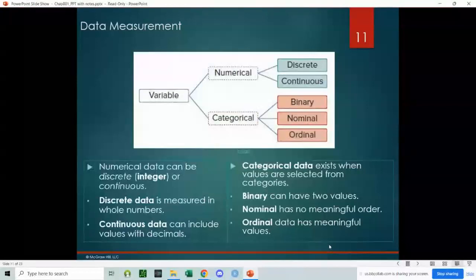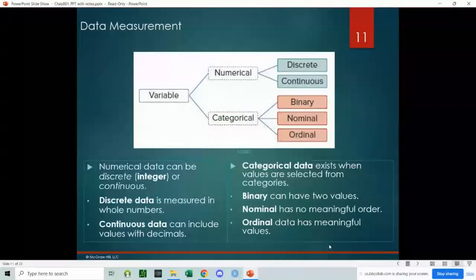Now, the next kind is called ordinal. That data has meaningful order. So now if we say 1, 2, 3, 4, for group 1, group 2, group 3, group 4, then that would be like their places in a race or something. So the ordinal numbers have an actual value that means something, as opposed to nominal, where there's no meaningful order.